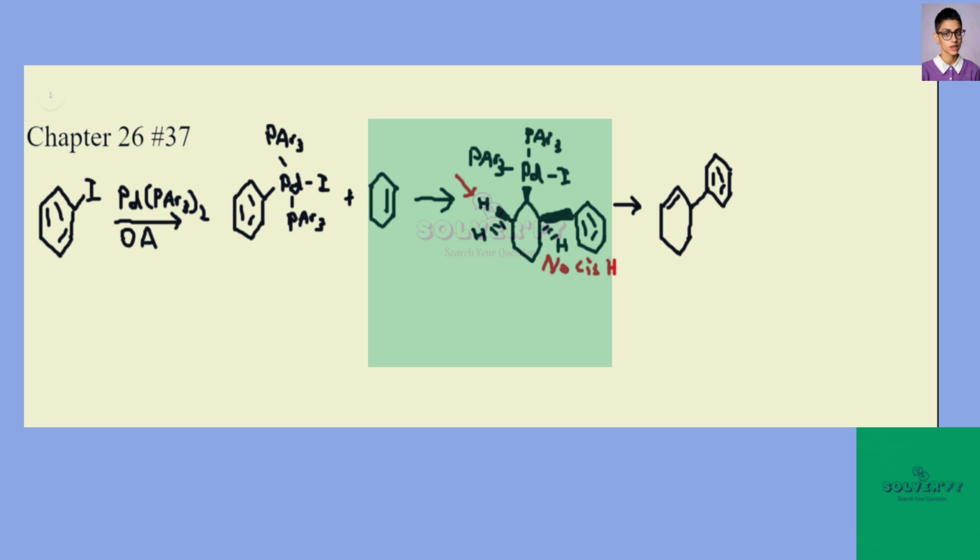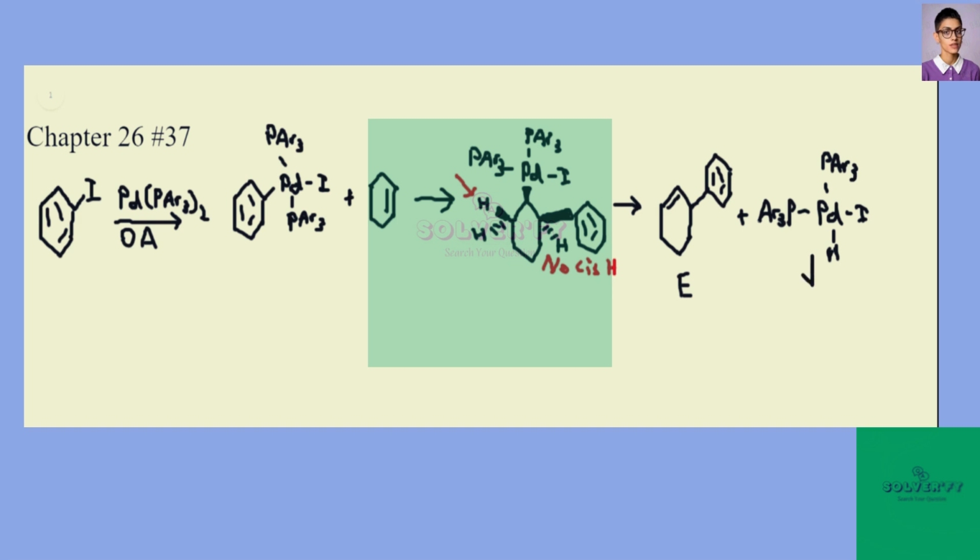Okay, so we've done that syn elimination there. That's product E that we get. None of product F, and then we'll also produce this palladium species.